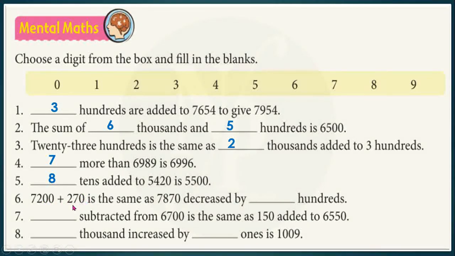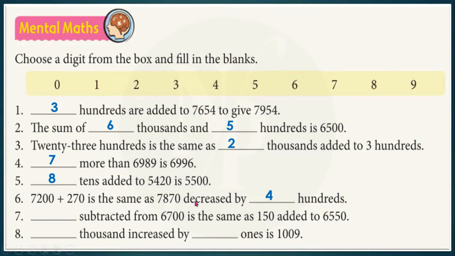Yes, you get 7470. Here we have 7870. So 7870 decreased by how many hundreds? 4 hundreds. You will get 7470. So you should write 4 here, 400s.